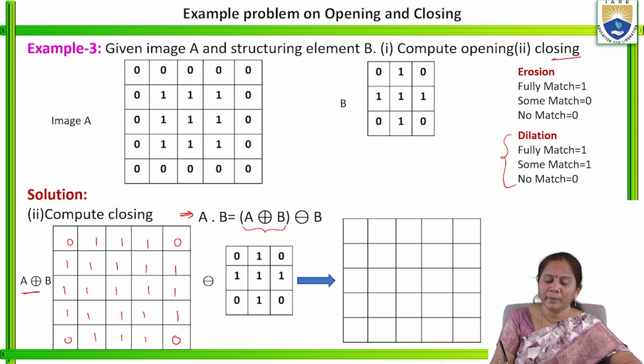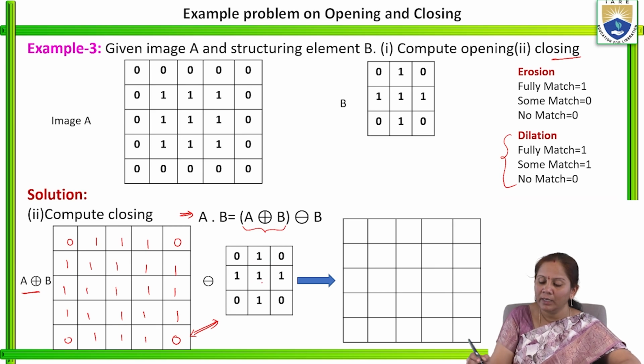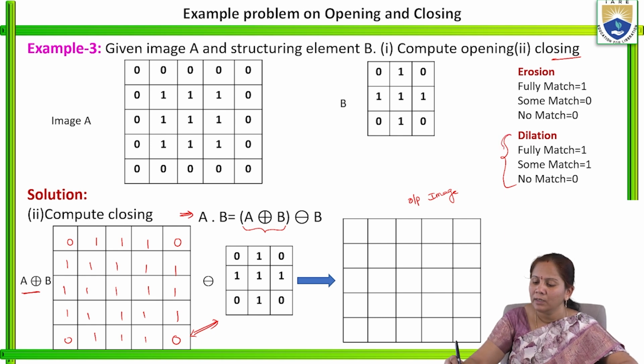Now if erosion operation is applied between this A dilation B and the structuring element B, this will be the output image. Now we have to follow the conditions of erosion. Okay.